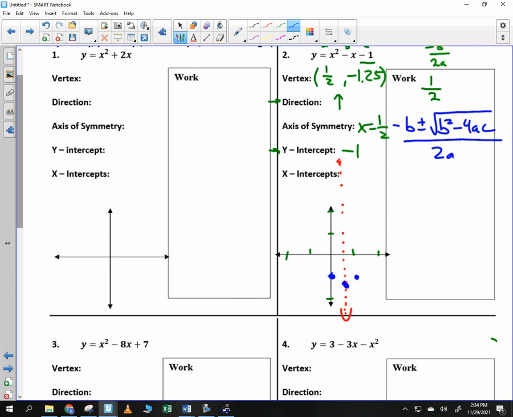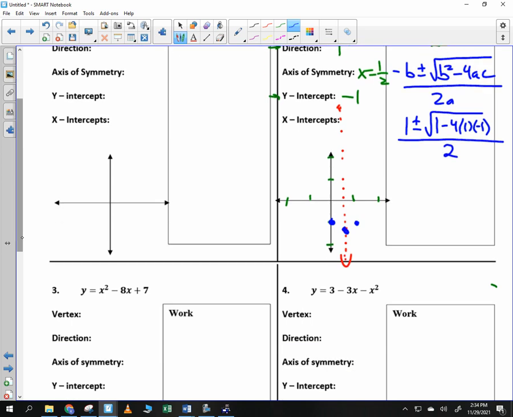So we have -b, which is positive 1, plus or minus the square root of, what is b squared? 1, minus 4 times the a value is 1, times the c value is -1. How many negative signs do I have?